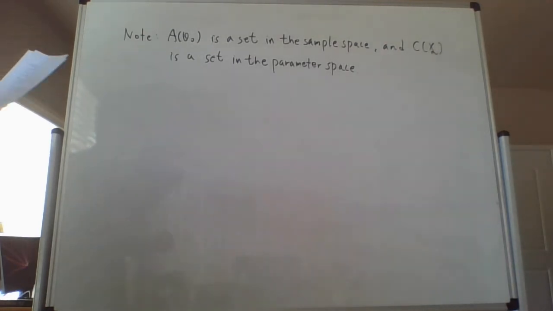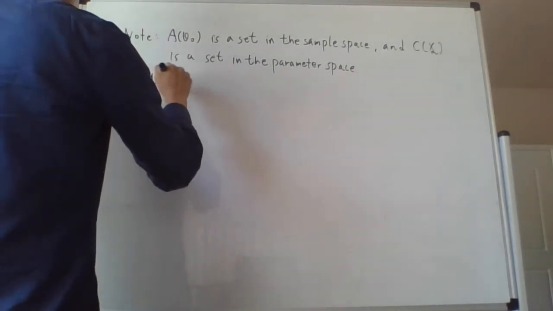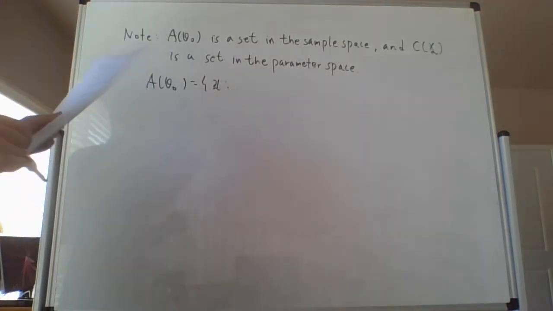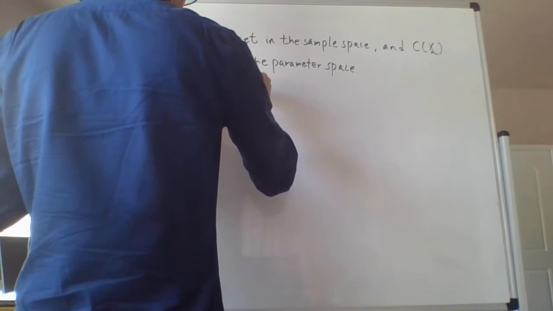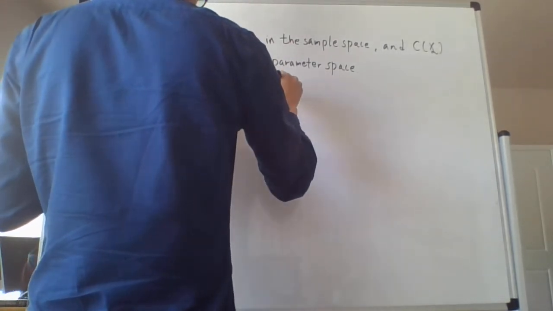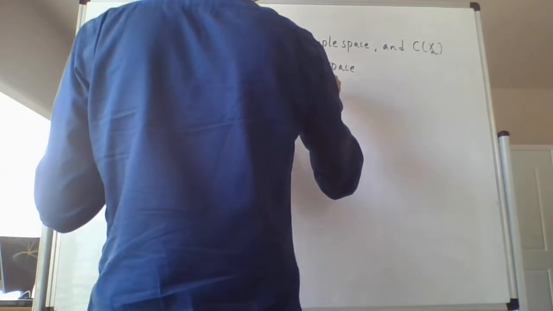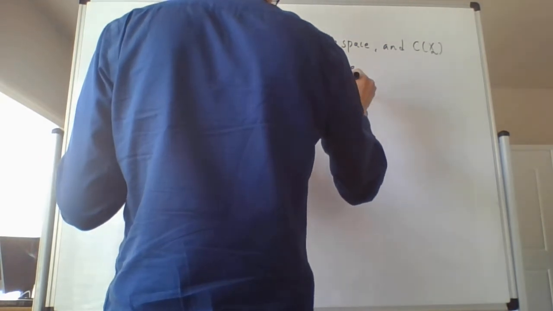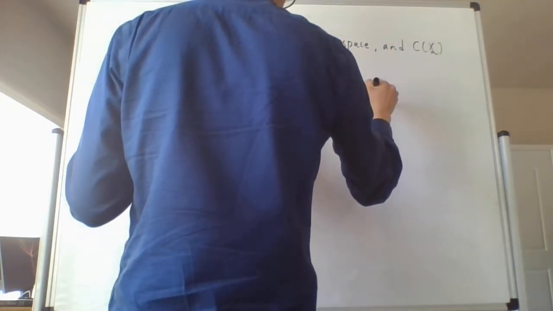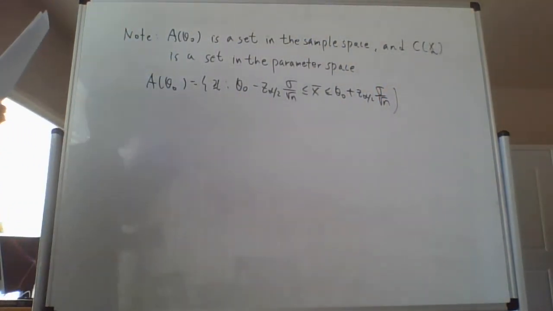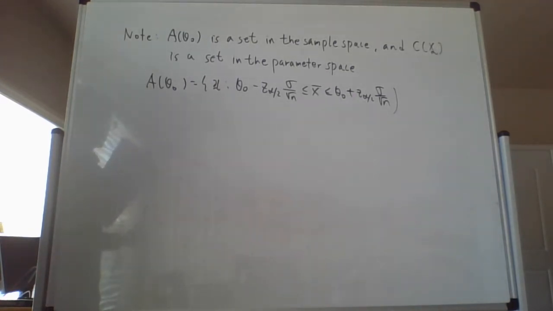For example, I am just giving an example of a two-sided confidence interval for the Z test.